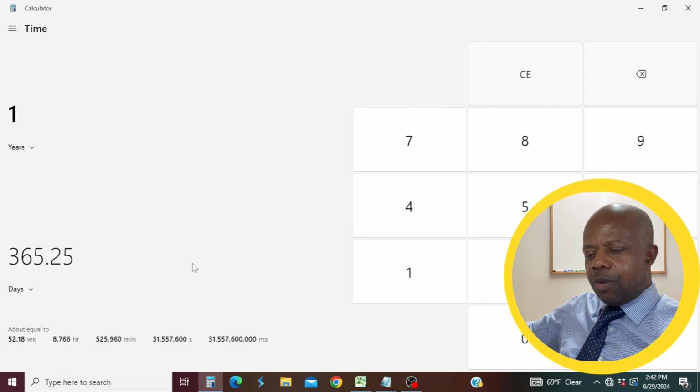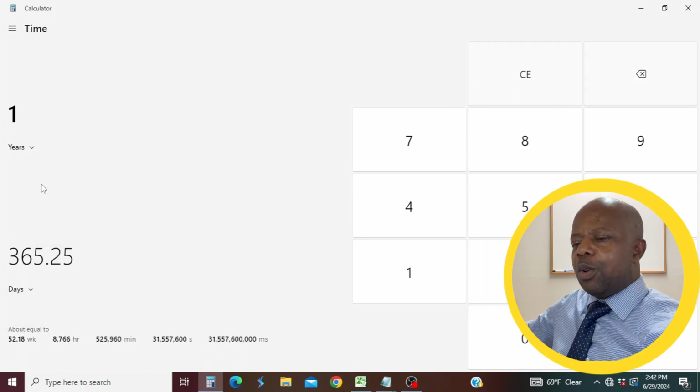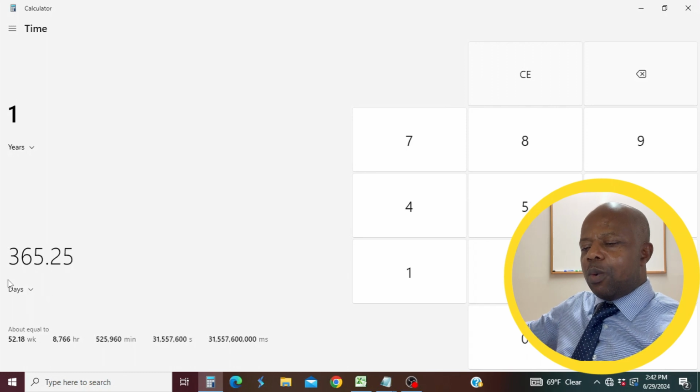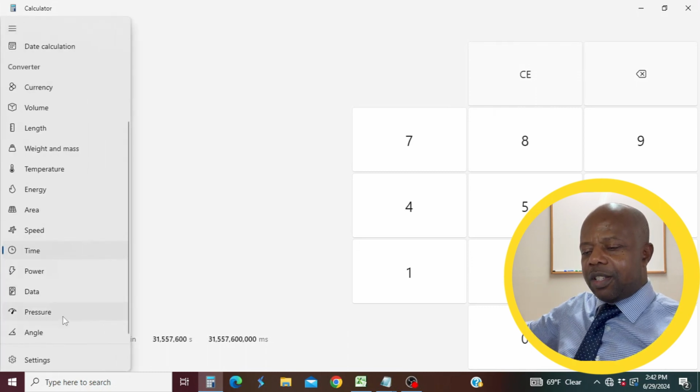Now let's say we want to go to days. We can see 1 year will have 365 days and a quarter. So a quarter is what adds up to a complete day every 4 years when we have a leap year, 366 days. So this is how you can also use the time calculator.